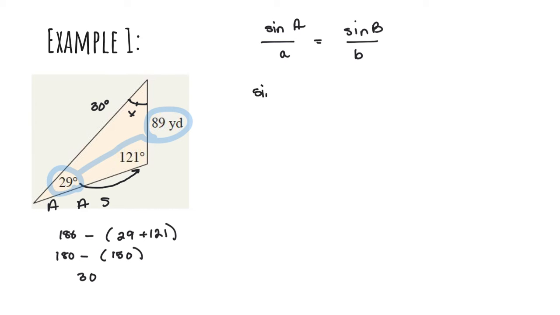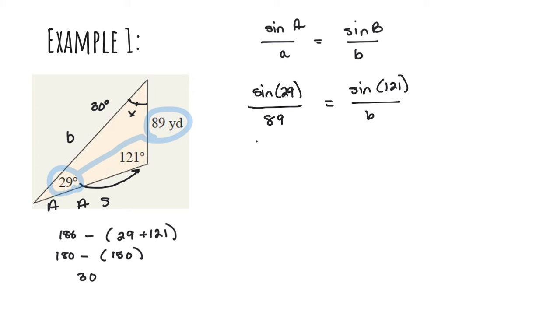So sine of 29 is to 89 as, let's just call this side B, sine of 121 is to B.